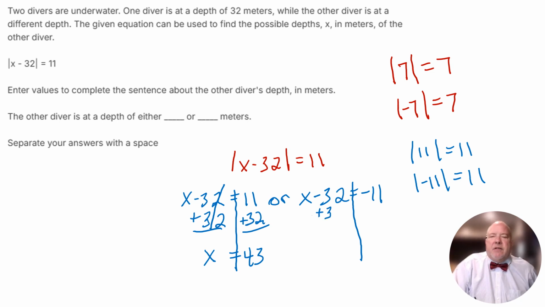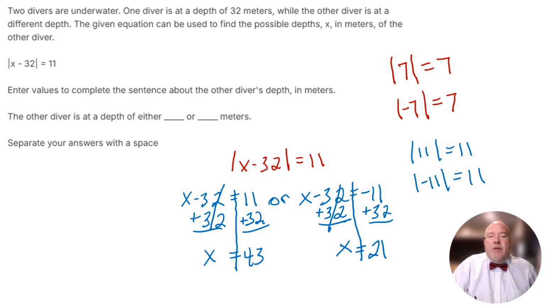So plus 32, plus 32. Again, that's 0. And this one I get x equals negative 11 plus 32, so that would be 21. And so there's your two answers. The other diver could be at a depth of 43 or at a depth of 21.